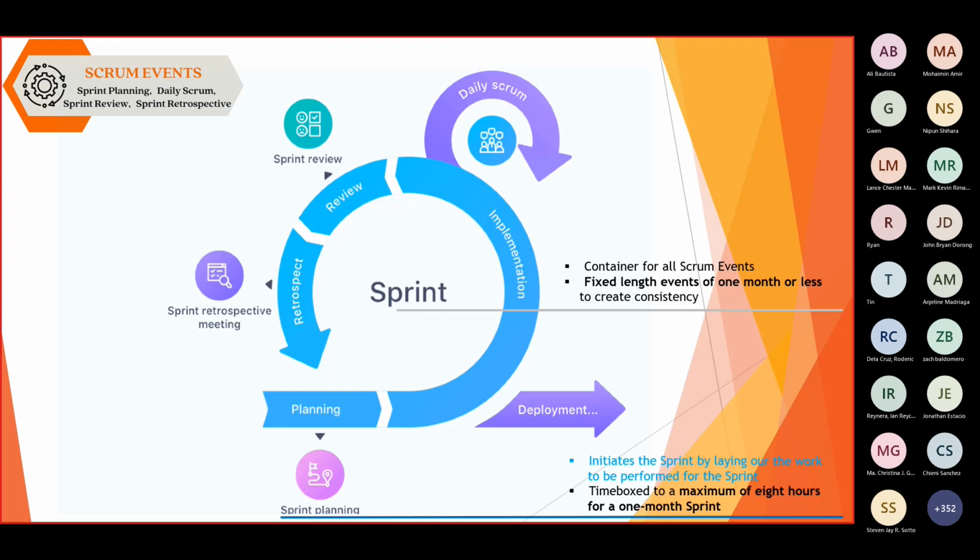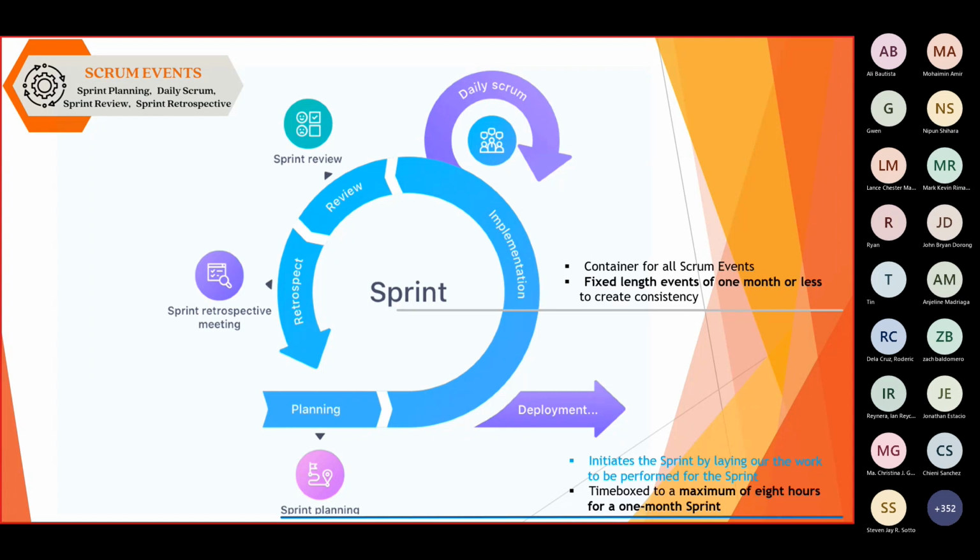By the end of the sprint planning, it should be clear to everyone what work we are doing, why we are doing this work for this specific sprint, and how we will do it. Basically, the work should be ready and should be planned during this session.